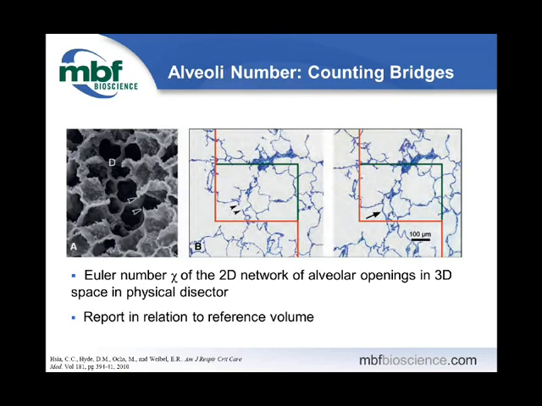In the dissector on the left, the arrows point to where the alveolar opening is open. On the right-hand side, you can see where there is a bridge, a unique point that we can count, is created. And that's what we're going to count. So we're making an assumption that when the alveolus is created, that's where we have a closed-in bridge, and that's how we're going to translate it into 2D.